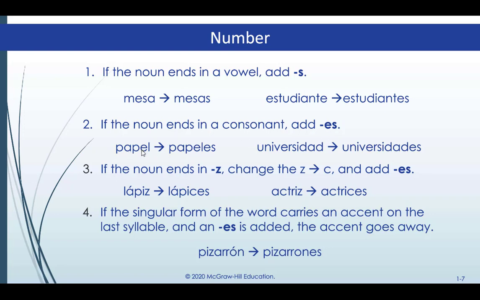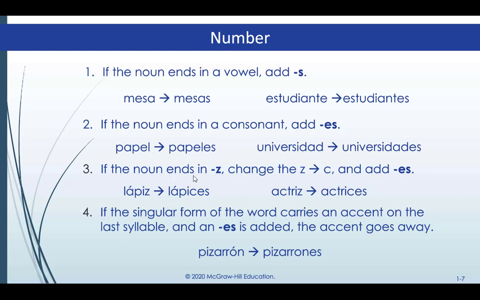Papel, paper, will be papeles. Universidad ends in a consonant, a D, so you just add ES. Universidades. Remember that the V sounds like a B in Spanish.